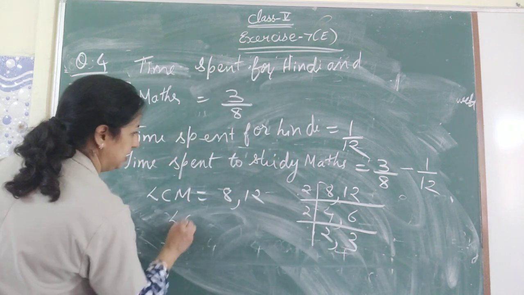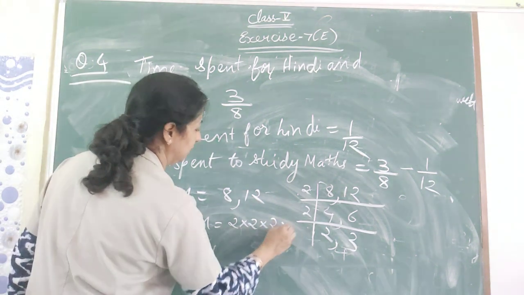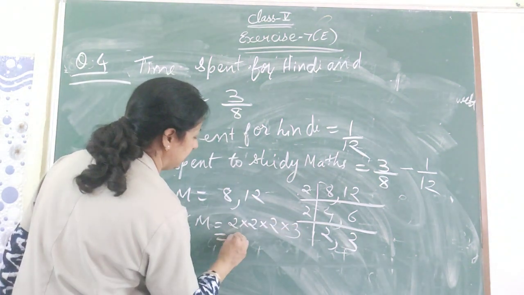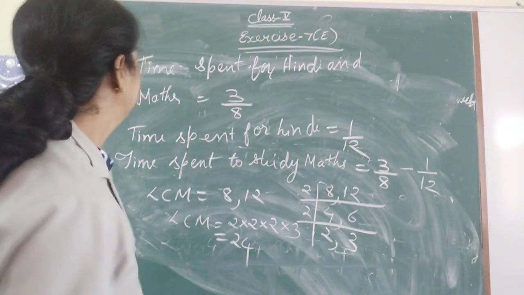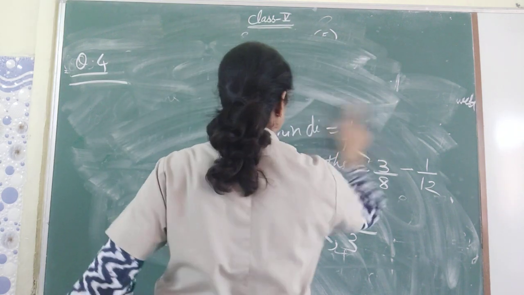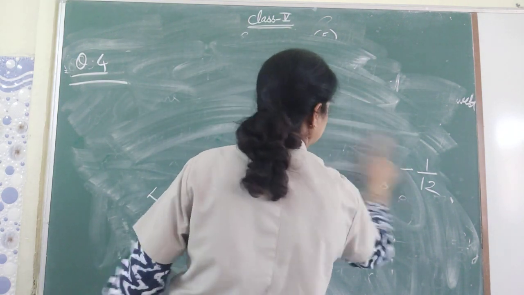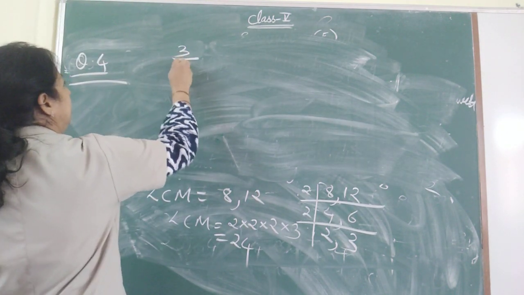So LCM will be 2 into 2 into 2 into 3, so 8 3s are 24. 24 is our LCM. Now let us find the equivalent fractions of 3 by 8 and 1 by 12.